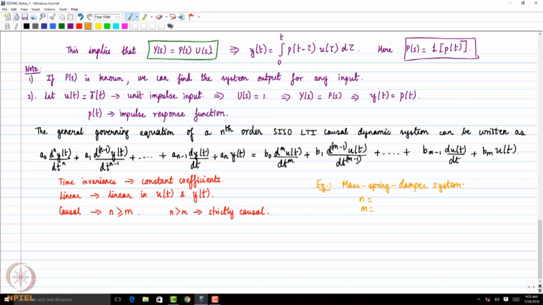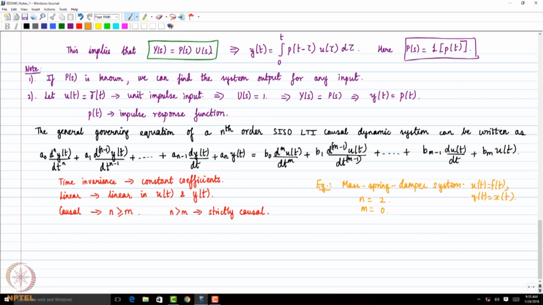For the mass spring damper system, the input was the force f(t) and the output was the displacement x(t), correct? So what was the value of n? 2, because we had x double dot. What about m? 0, because there was no derivative of the force term at all. On the right hand side we had just f(t).